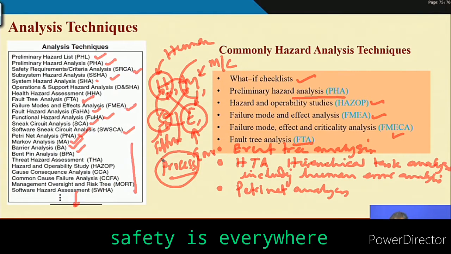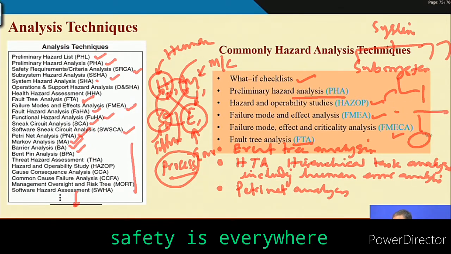Second thing is that a system will be composed of several subsystems, and then finally the components. When we are talking about hazard analysis, obviously the first thing is system hazard analysis.